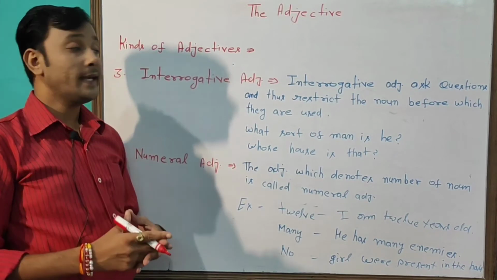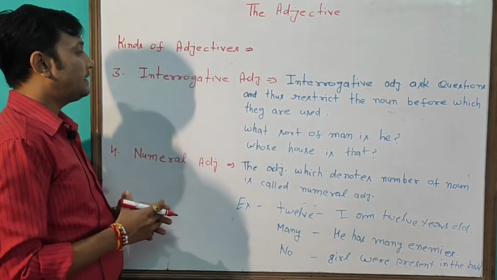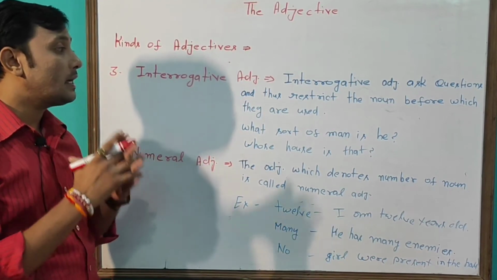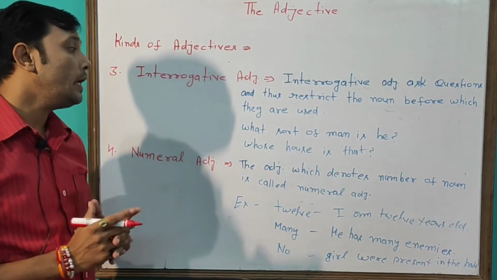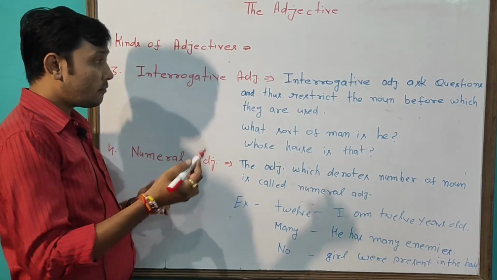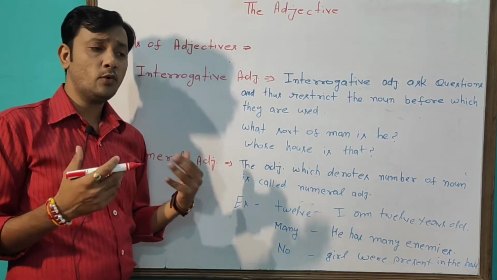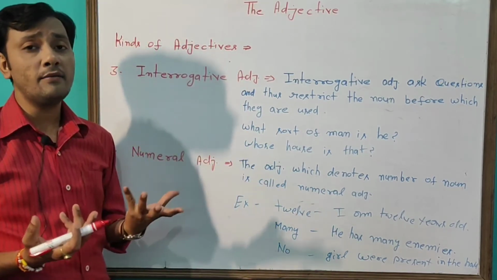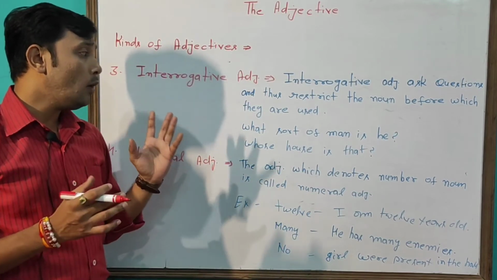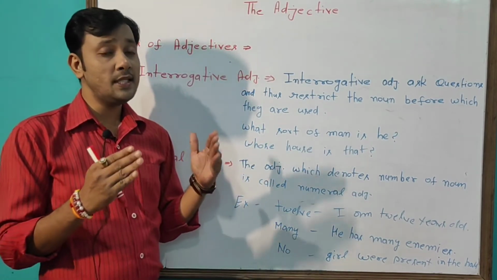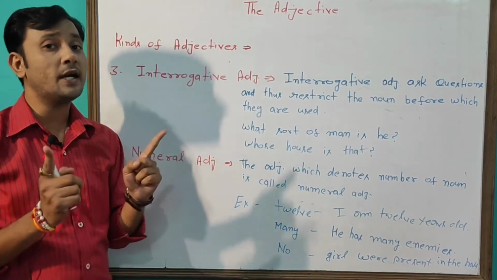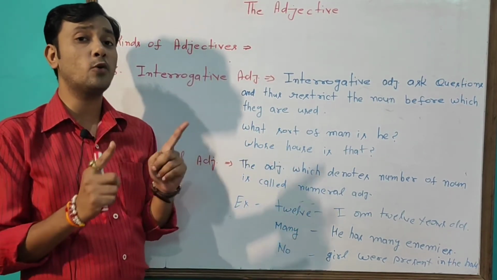Clear? The next kind is the interrogative adjective. An interrogative adjective asks a question and thus restricts the noun before which it is used. In short, the interrogative adjective is used for asking a question. Again, students, don't be confused between the interrogative adjective and the interrogative pronoun.